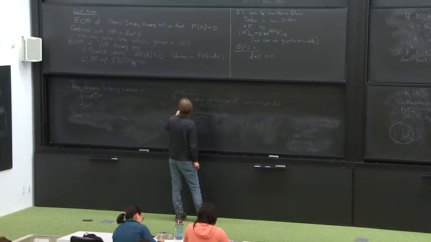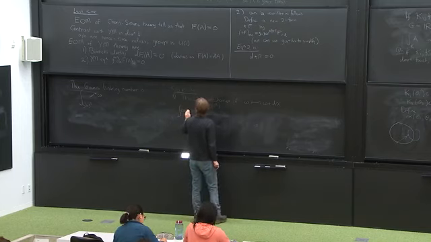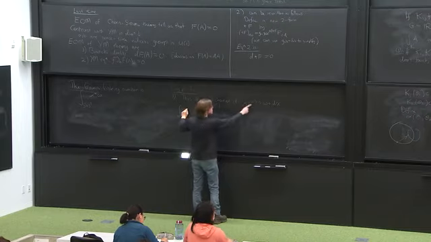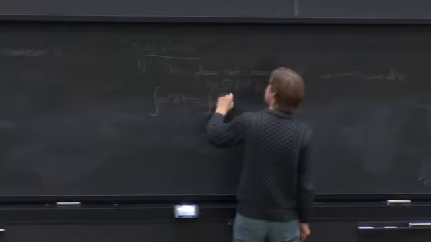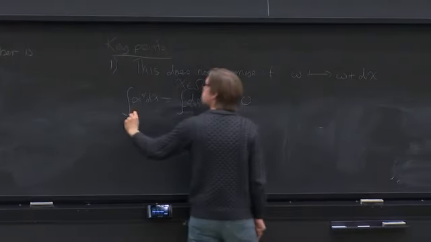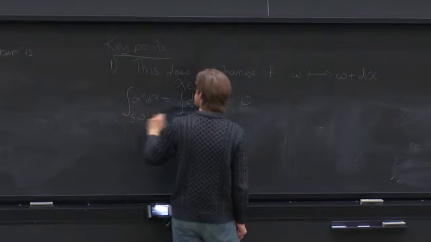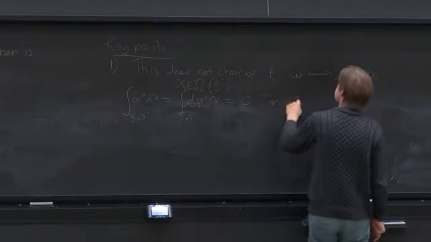Because the integral of alpha star d chi is the integral of d of alpha star chi, which is equal to 0, as a torus has no boundary.